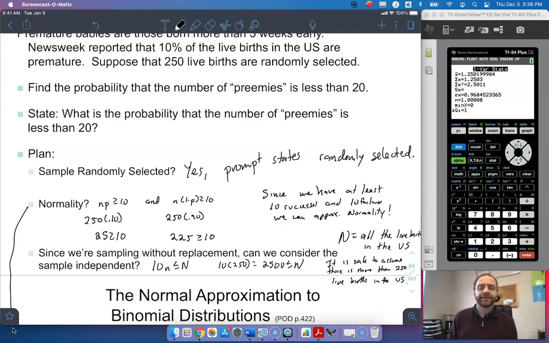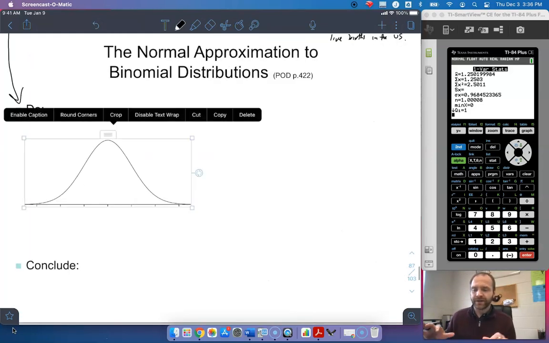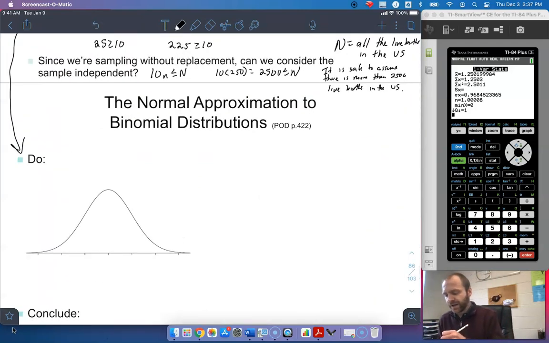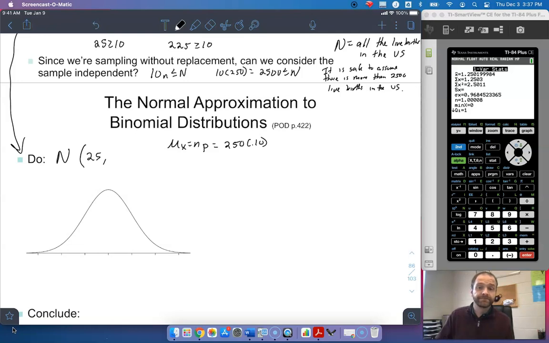So I state it, and now I get to do it. I have, in this case, a normal distribution. What's my center? Well, I need to do mu of x equals n times p. So 250 times 0.10. My center is 25.